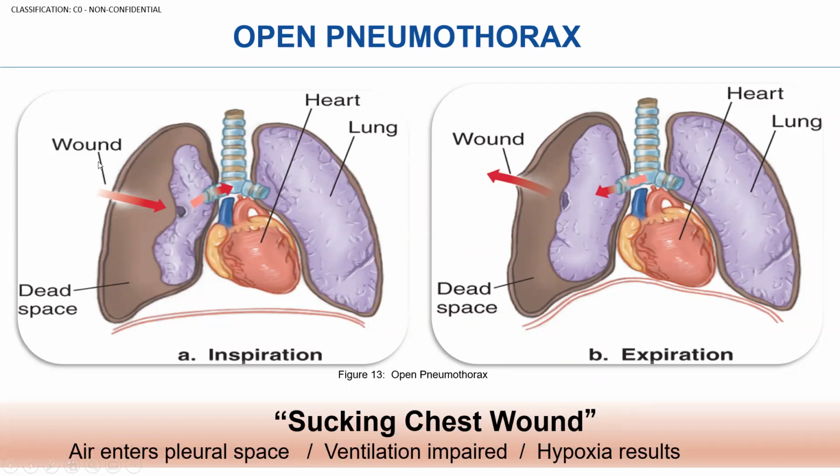However, if you have an external wound, the air will go in through that wound and reach the dead space. So instead of reaching the lungs, it will go to the dead space. Once the air enters the pleural space, ventilation will be impaired, and this will result in hypoxia. Okay.